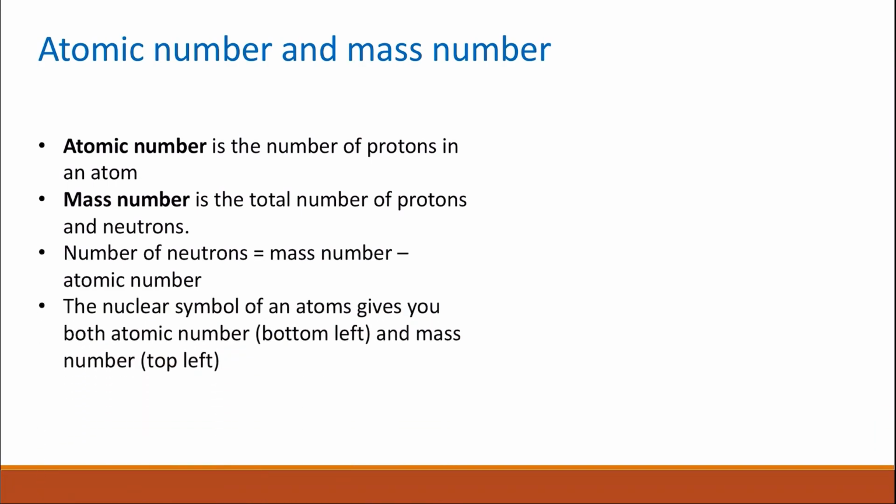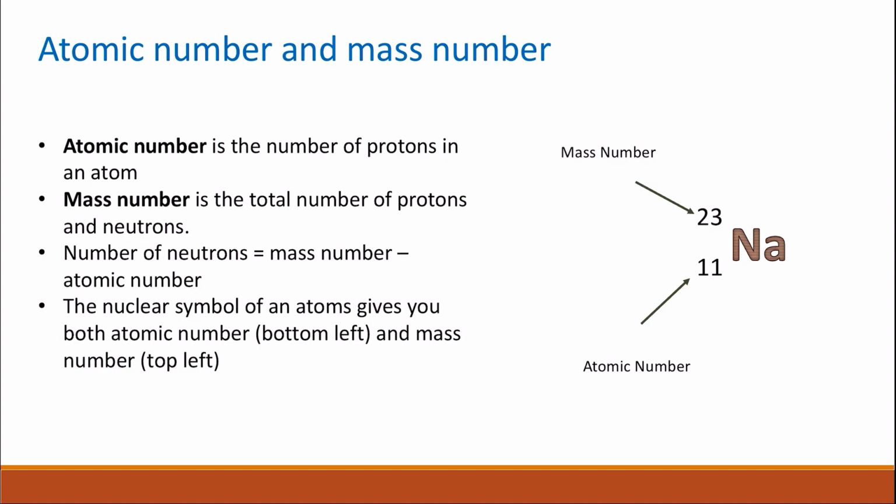The nuclear symbol of an atom can give you both the atomic number and the mass number. So if we have an atom like sodium, we find the atomic number at the bottom left of the symbol. This is the atomic number, which is 11 in the case of sodium, which means sodium has 11 protons and 11 electrons orbiting the nucleus.